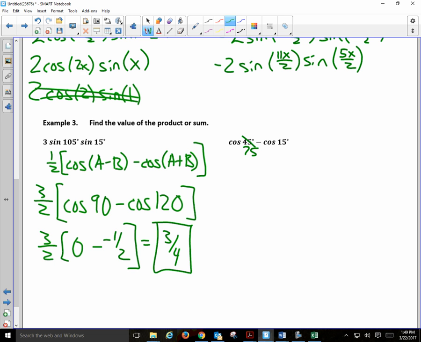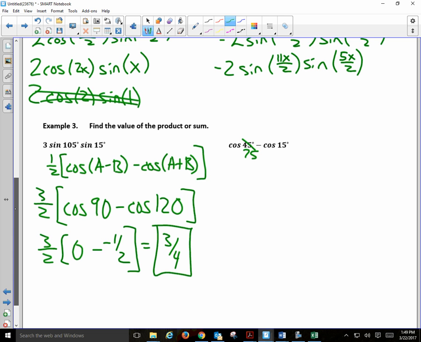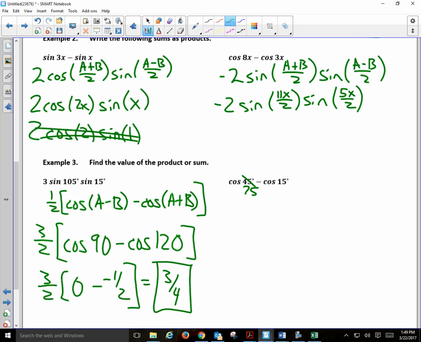Change it to 75, not 45. Rodden tells me I got the formula right there. So negative 2 times the sine of A plus B divided by 2 times the sine of A minus B divided by 2.